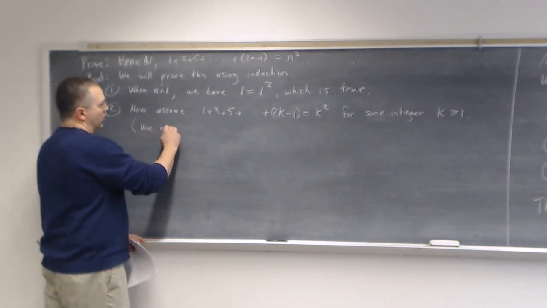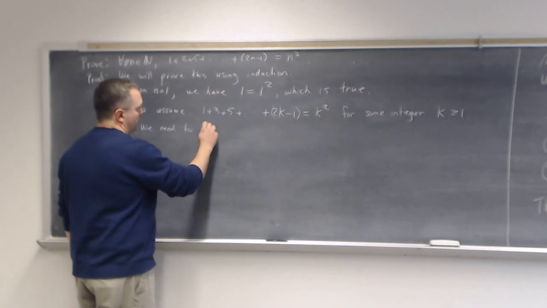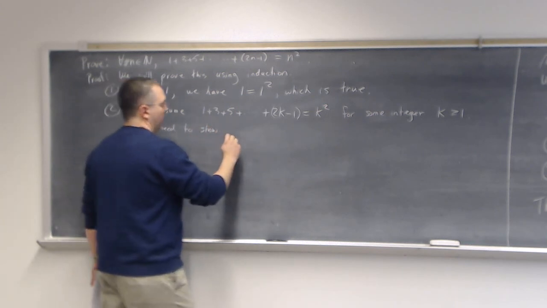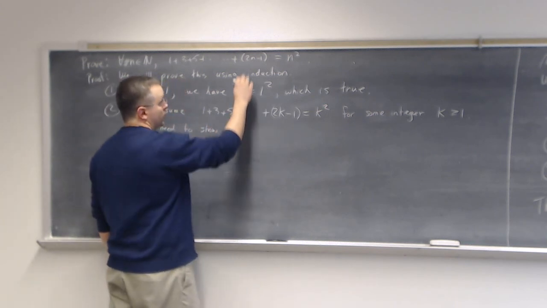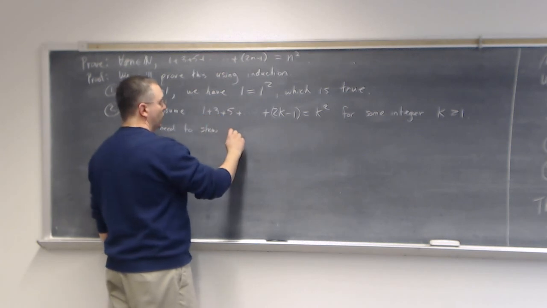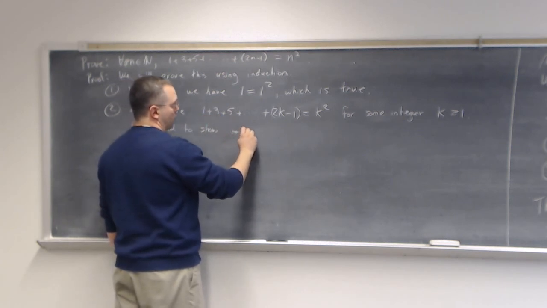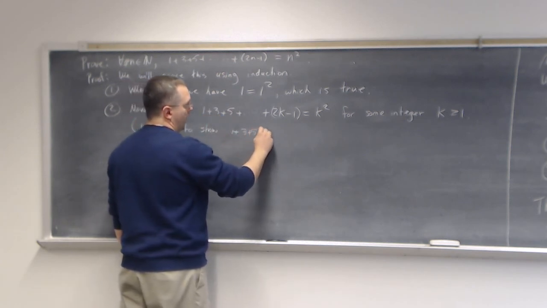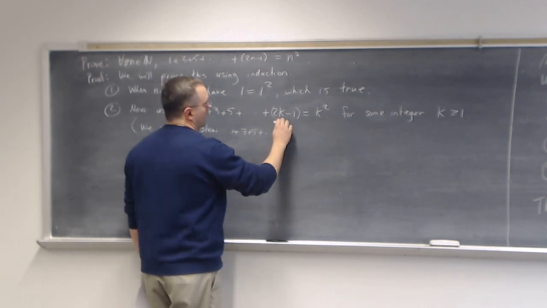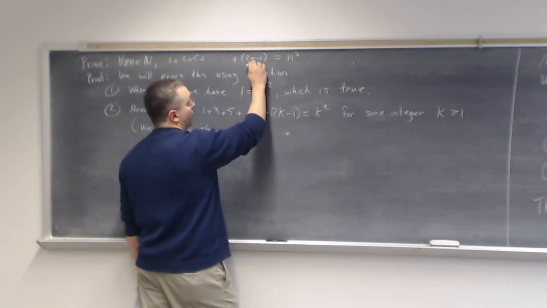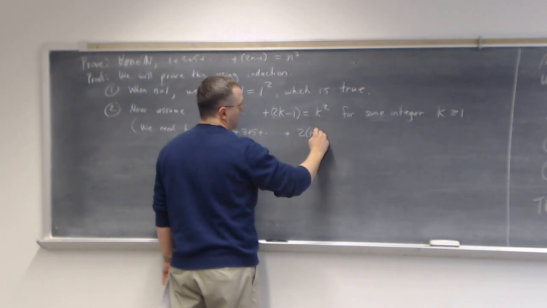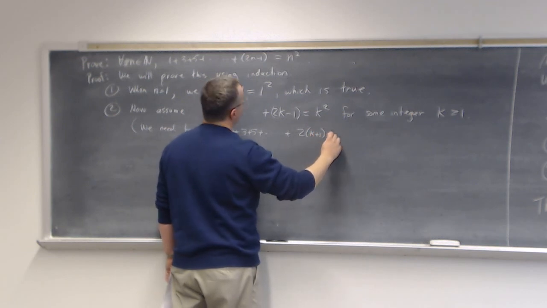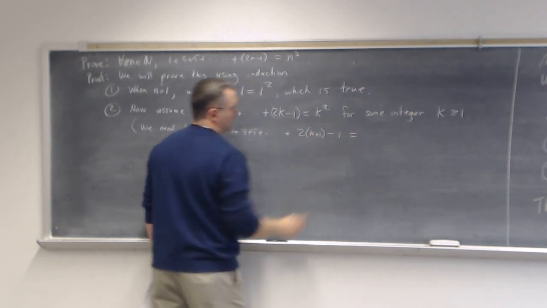So we need to show the statement is true for k plus 1. So what would that look like? It would look like this: 1 plus 3 plus 5 plus... Instead of k here for n, I'm going to plug in k plus 1 for n in the statement.